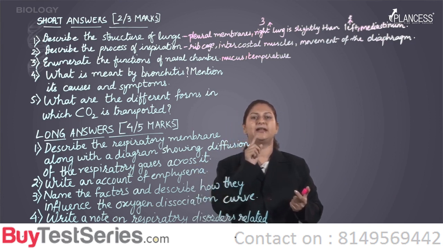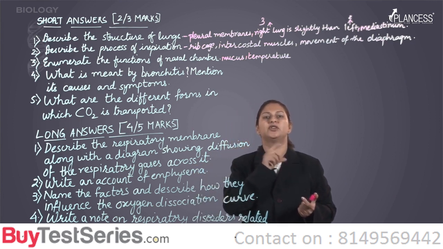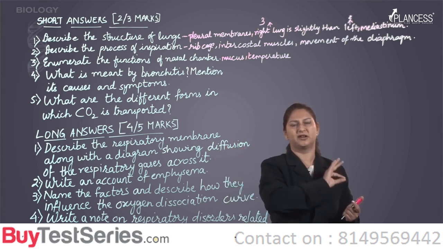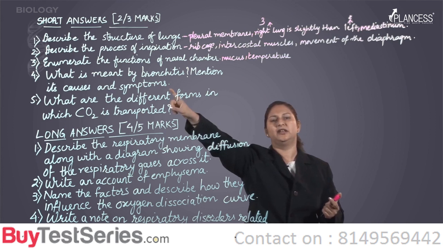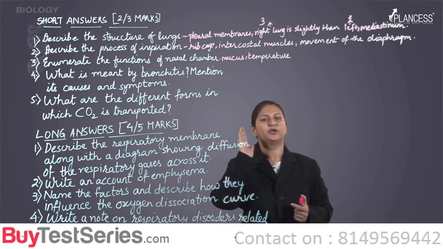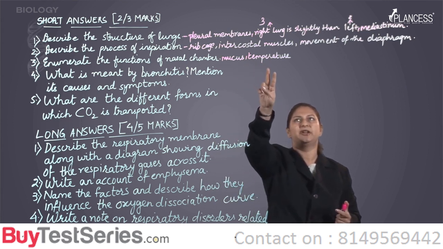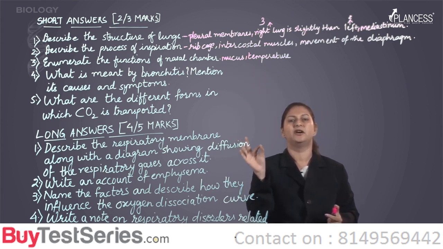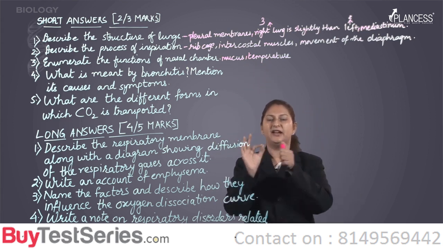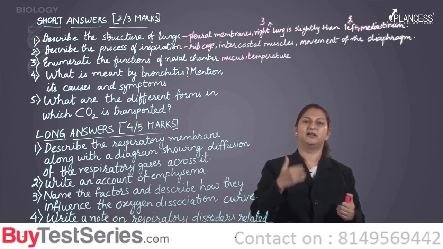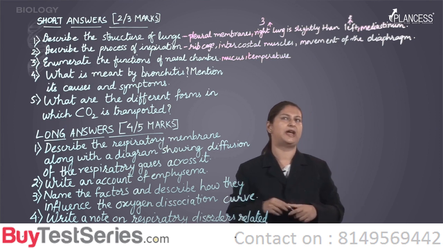The air that enters the lungs will be brought to the body temperature level, and that is done in the nasal chamber, right? Because of the blood supply and the mucus there, the temperature is controlled. It works like an air conditioner. It conditions the air as per the body, and then the air moves inside. So that point has to be added.